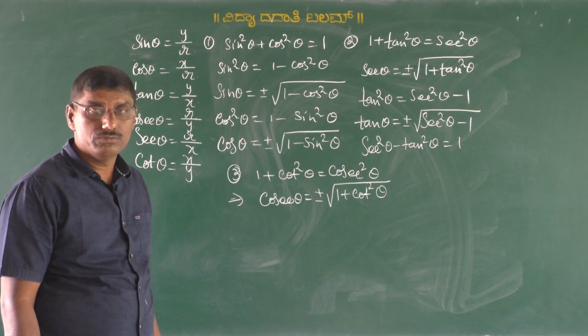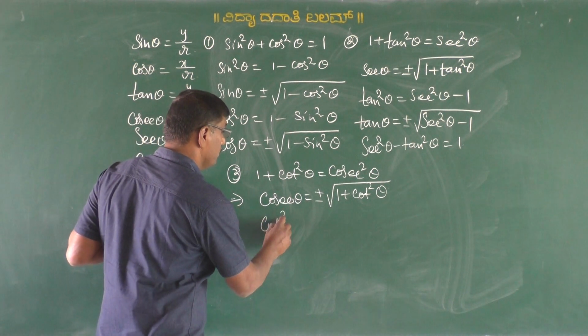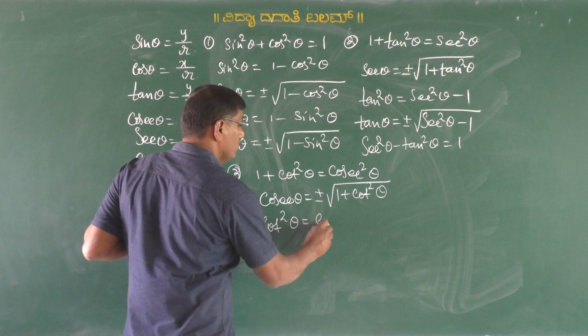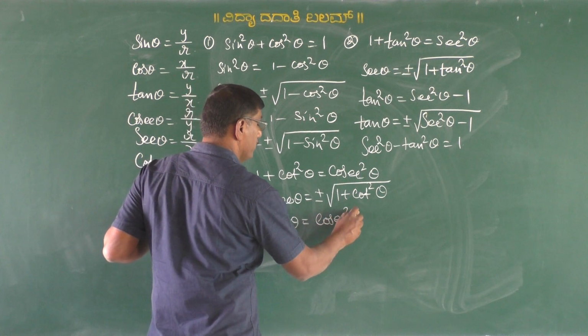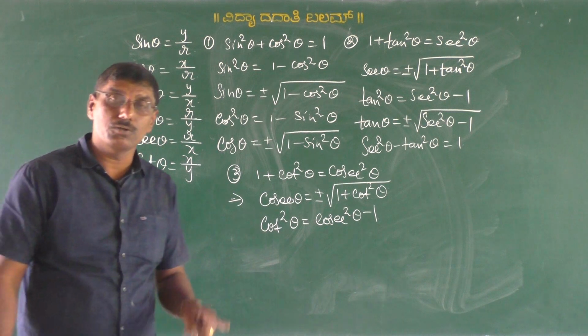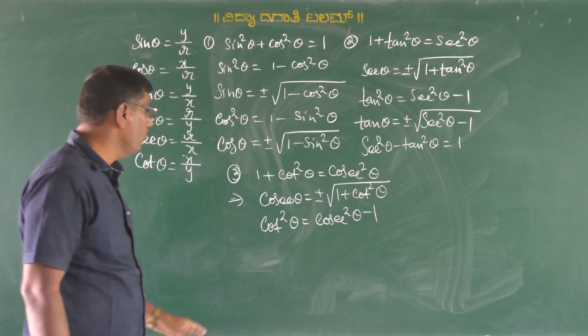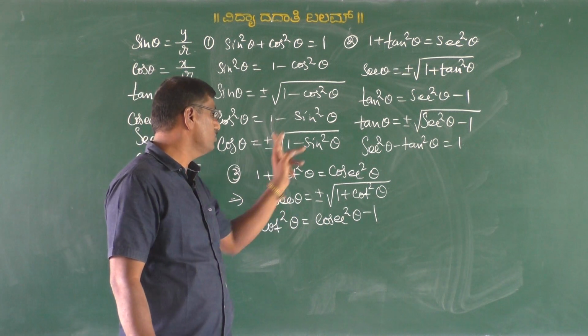Are you understood? Next, cot square theta is equal to cosecant square theta minus 1. How? We transpose this one to that side.